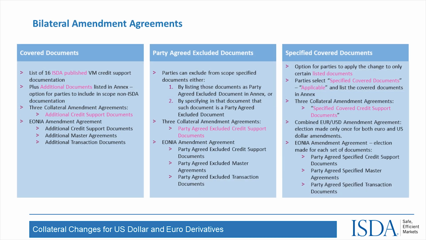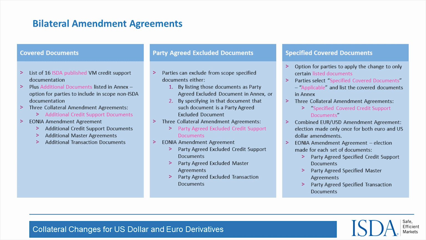Now let's have a look at the scope of all of these amendment agreements. So there are various options as to the scope of the covered documents. In the first column on the left-hand side, we have the covered documents, which will apply as standard if the parties don't make any amendments.